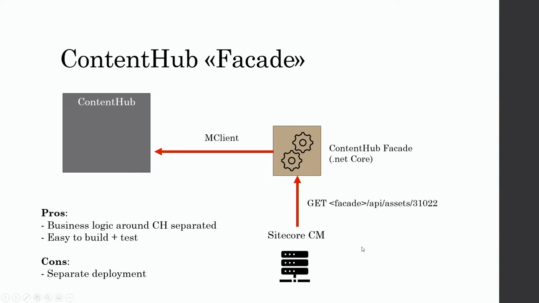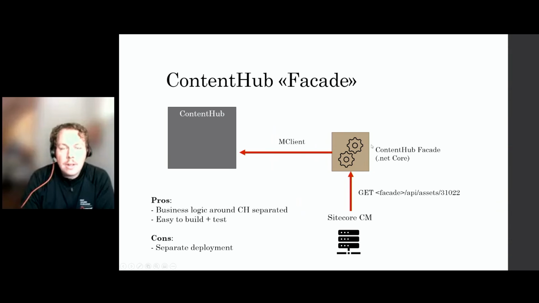So we have all Content Hub logic around connectivity, like the user and endpoint information. We have business logic around public links and much more in this facade.